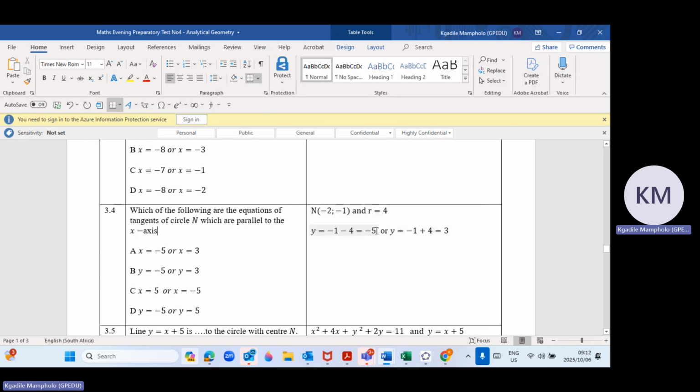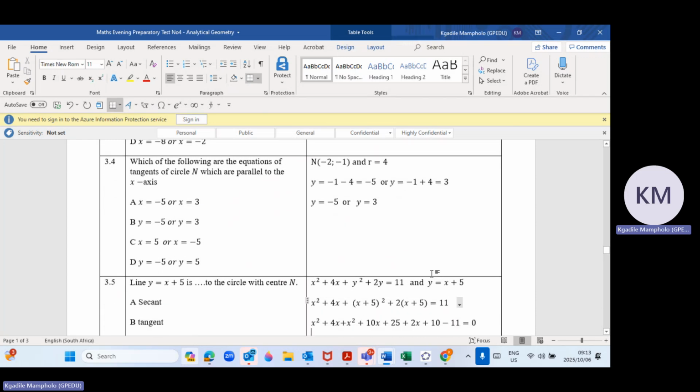Therefore, these are the equations of the horizontal tangents of circle N. Okay, now these are the answers. The correct option in this case will be B. Then y will be -5, or y will be 3.